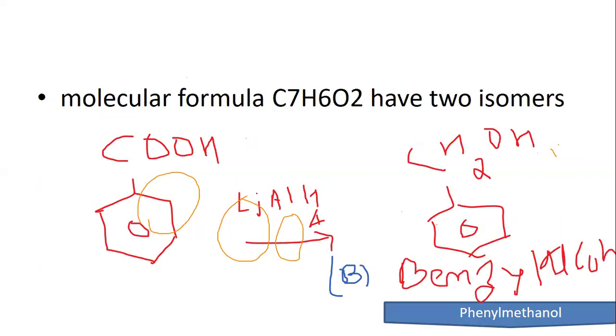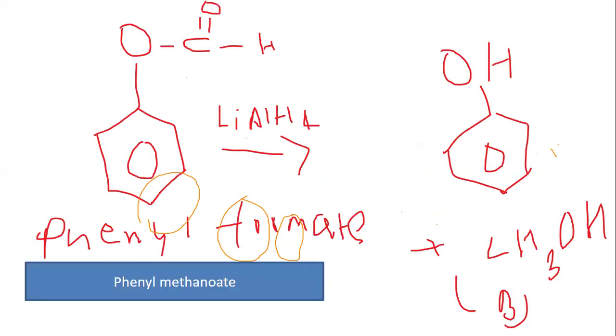Molecular formula C7H6O2 has several isomers: benzyl alcohol, benzoic acid, phenyl formate, phenol.